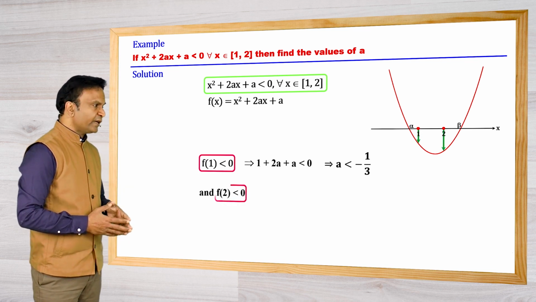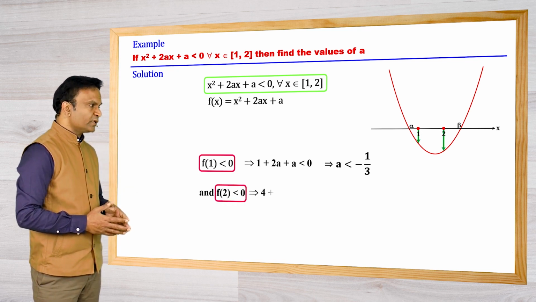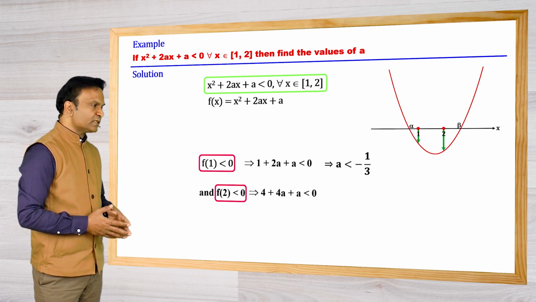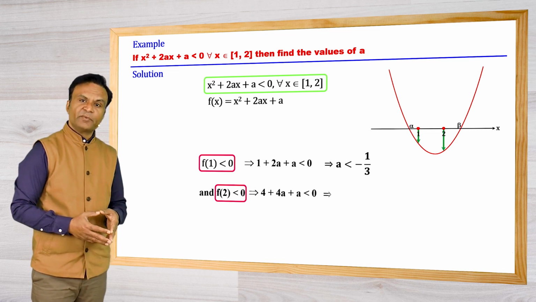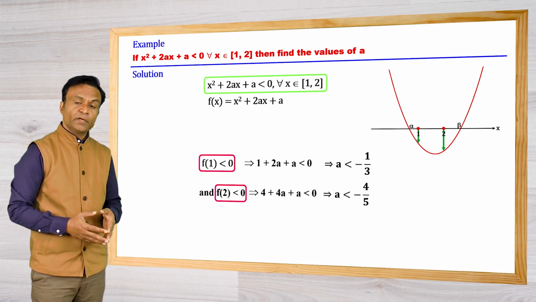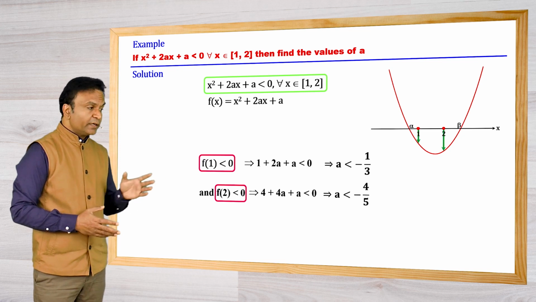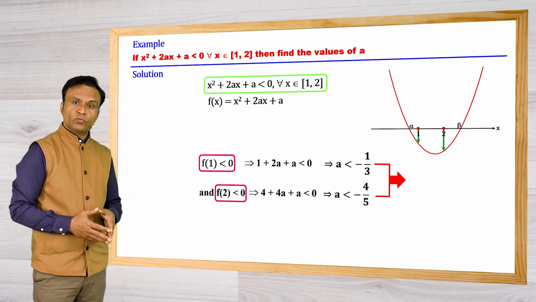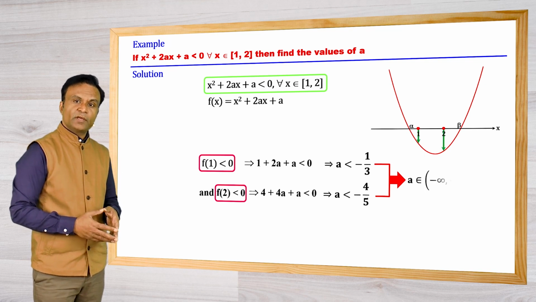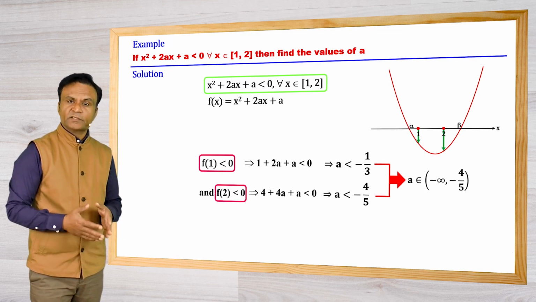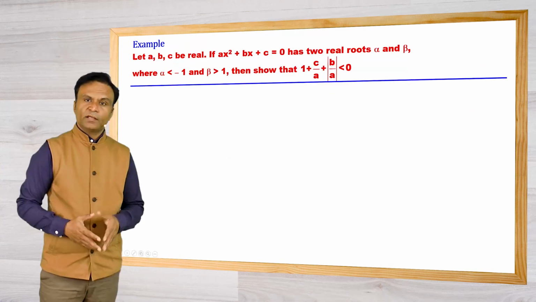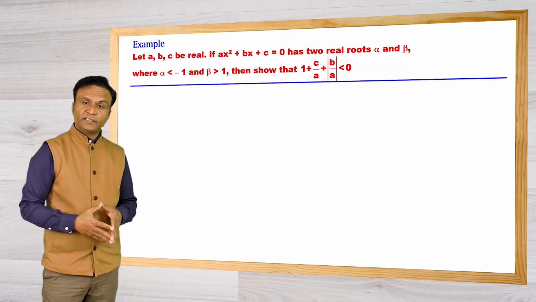And for this we have 4 plus 4a plus a less than 0. That means a is less than minus 4 upon 5. We want both these conditions, so we will take the intersection of these two, and the common values are a belongs to minus infinity to minus 4 upon 5.